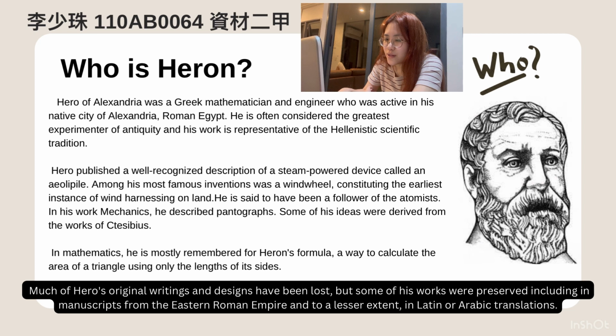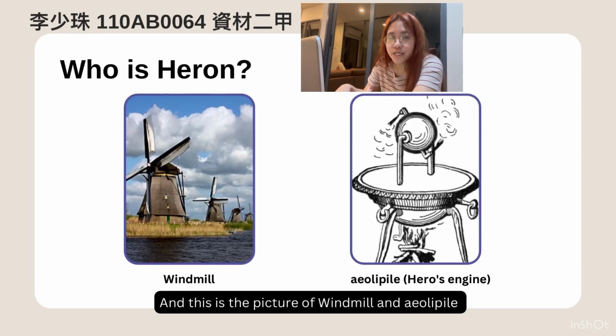Much of Hero's original writing and design has been lost, but some of his works were preserved, including in manuscripts from the Eastern Roman Empire and, to a lesser extent, in Latin and Arabic translation.